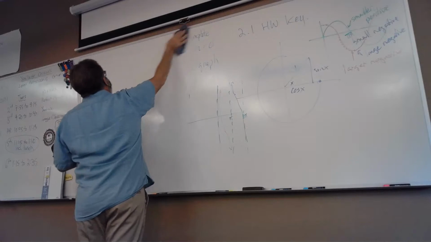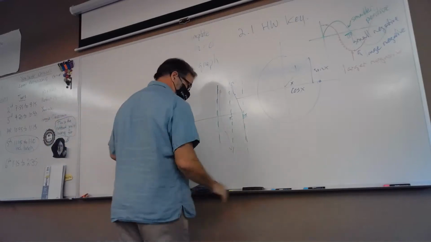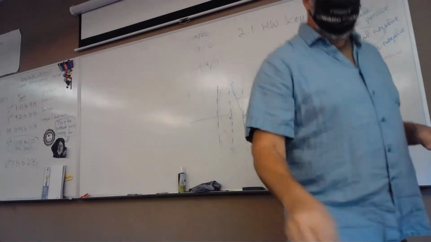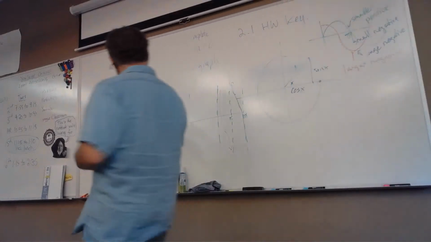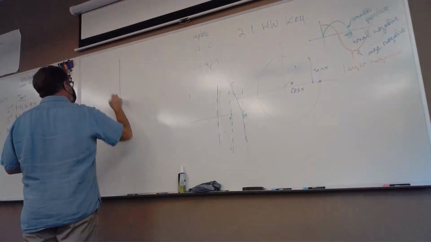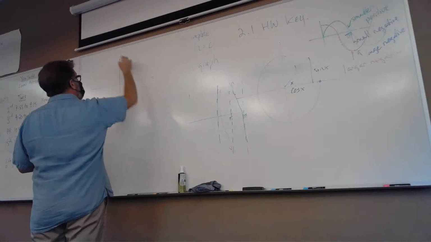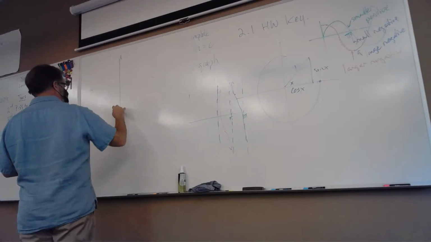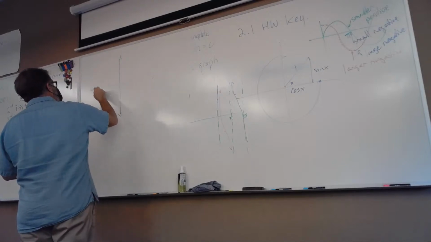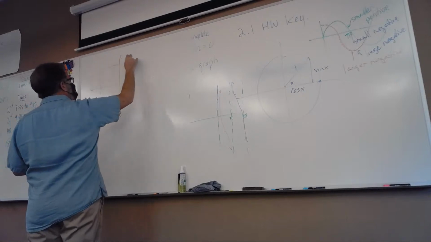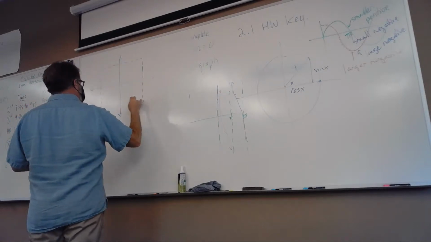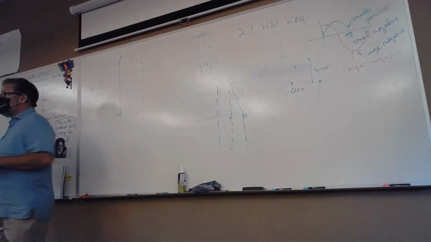End behavior model says, I have a function and inside this box, it looks like something.